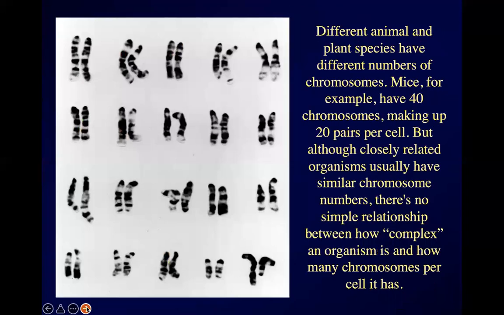Different animal and plant species have different chromosome numbers. These happen to be mice chromosomes, and mice have 40 chromosomes per cell, arranged in 20 pairs. Horses have, I believe it's 64 chromosomes in 32 pairs.